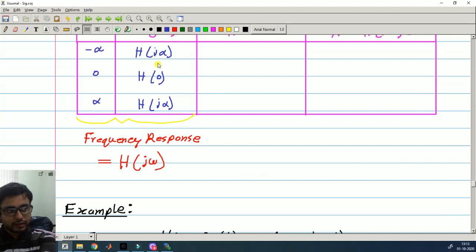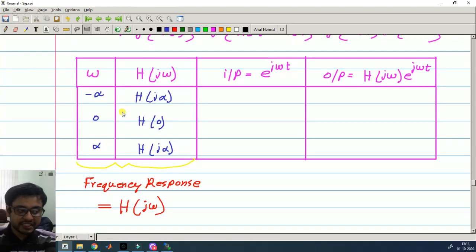So this table summarizes the behavior or output of a system for all possible inputs, and this single function H(j omega) encodes this entire table. So if you know this function H(j omega), you can calculate the output for any input.